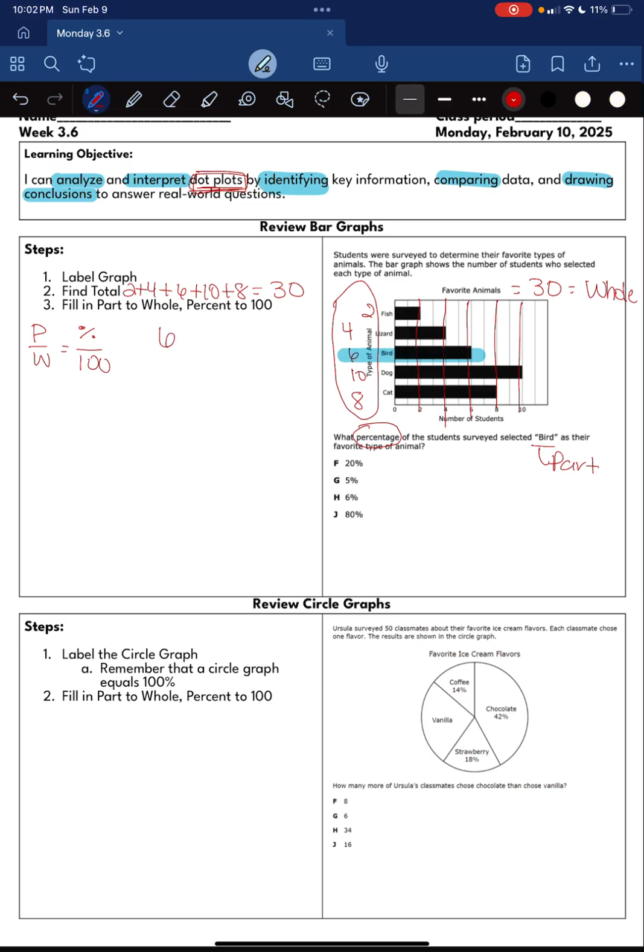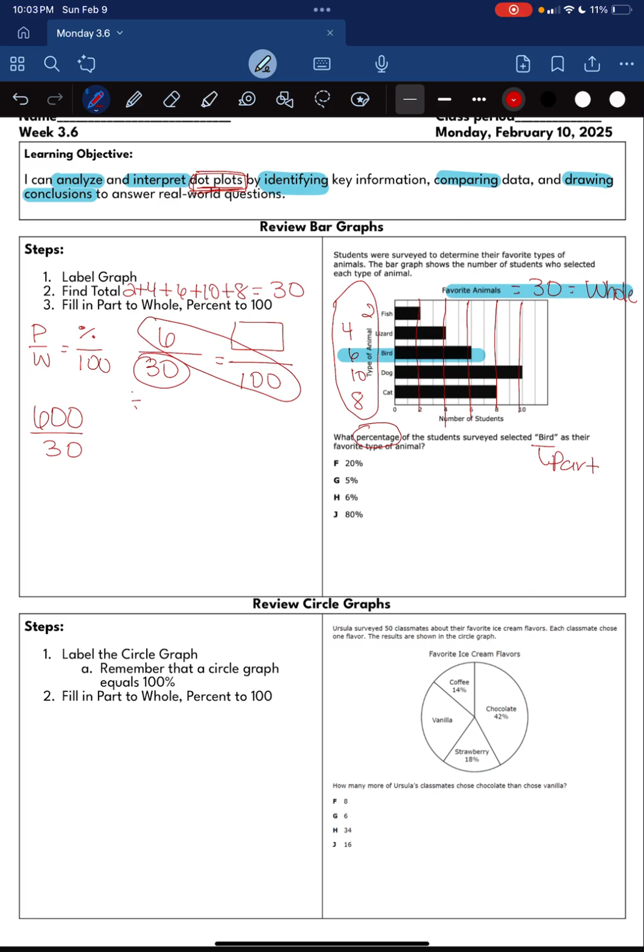So 6, I know my total is my total number of animals, and that is 30. Equals, I'm looking for percent, so that's going to be blank. I don't know what that is, and it's always over 100. So we cross multiply, that's 600, and then we divide by 30.